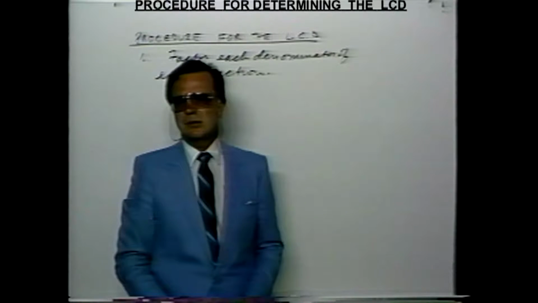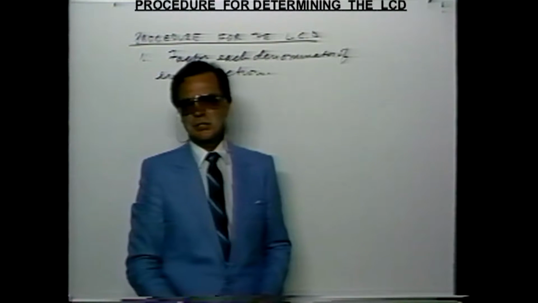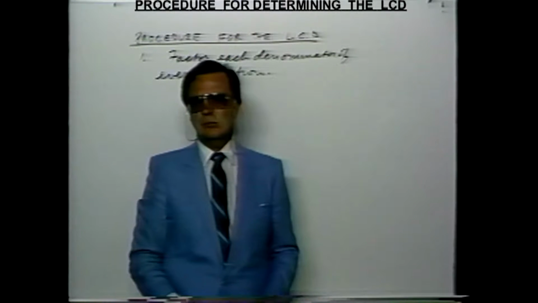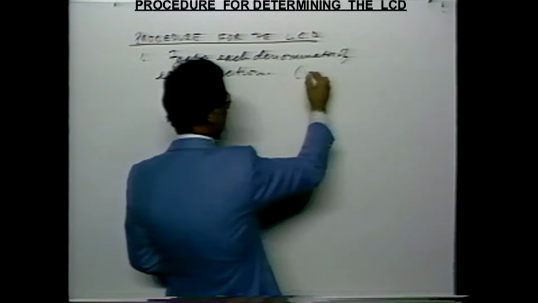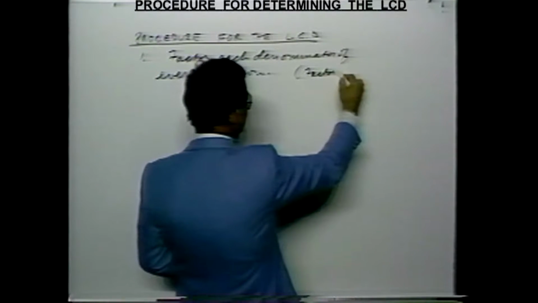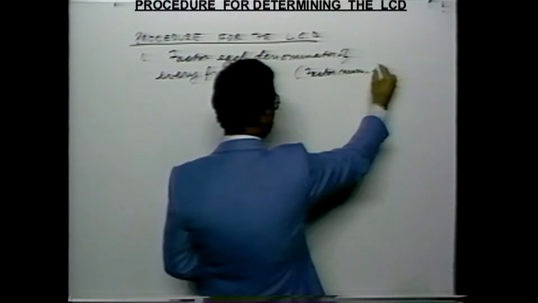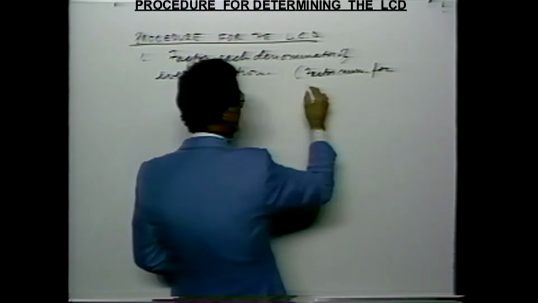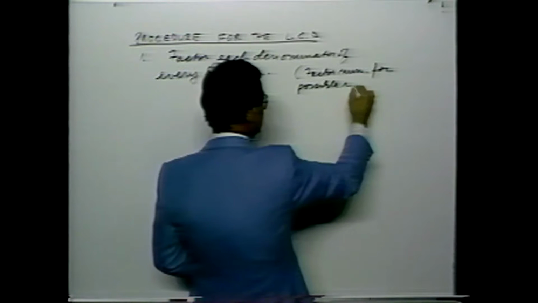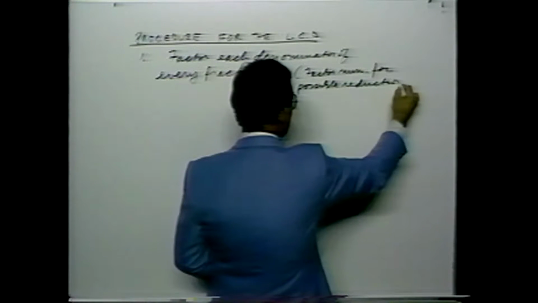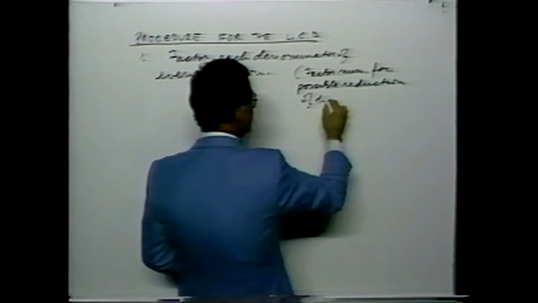Also, factor the numerator to see if any reduction of the fraction is possible. That would be a wise thing to do at the very beginning. Factor the numerator for possible reduction of the fraction.